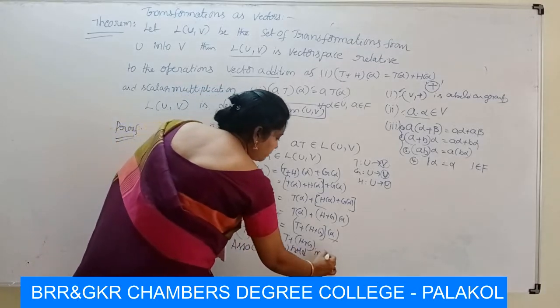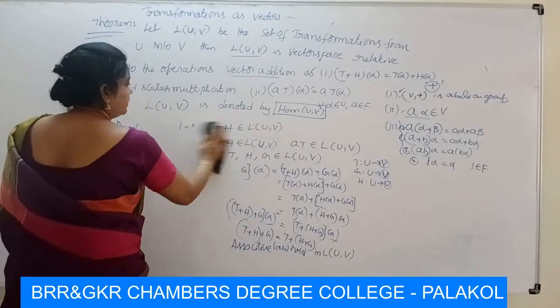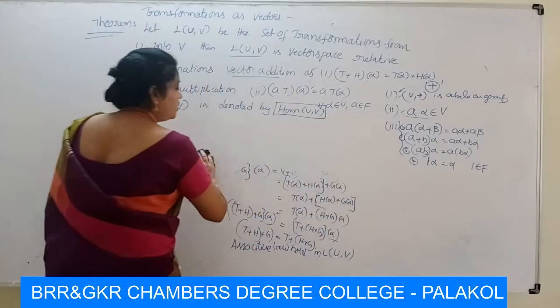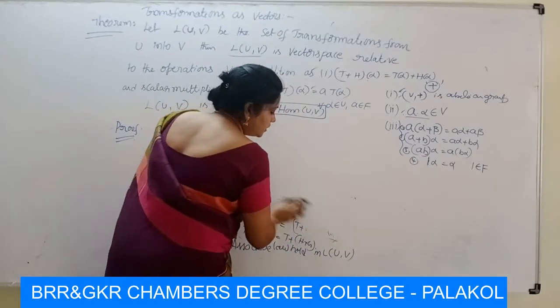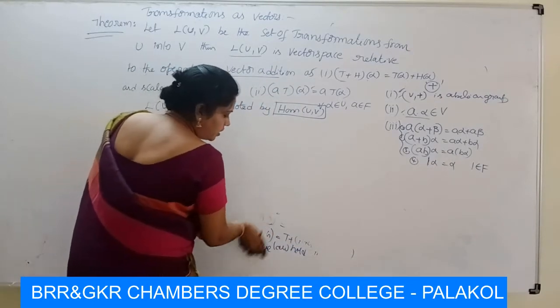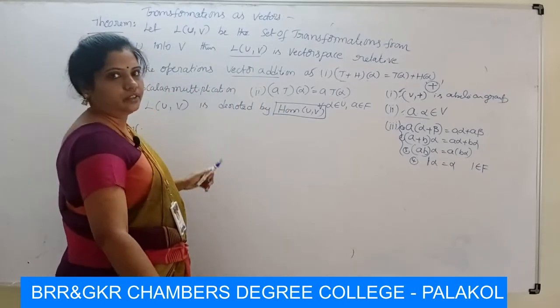L of UV. So next, existence of identity. What is the identity in L of UV? We have to find the identity element in L of UV. L of UV has transformations, so we have a zero transformation.